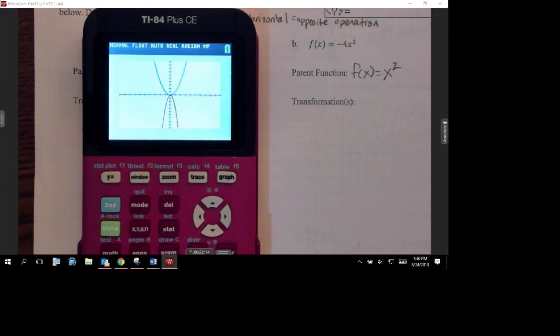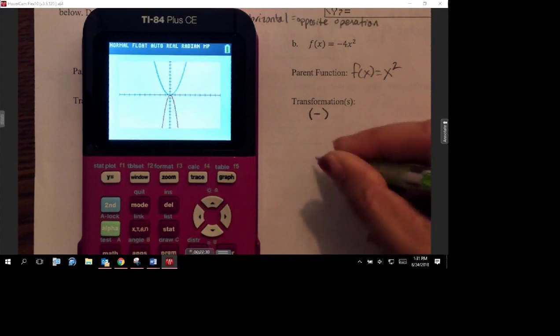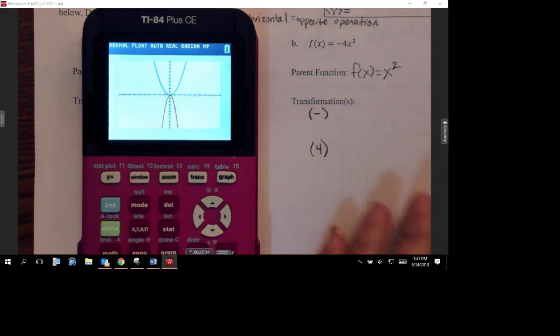And we're going to write about the transformations. How many transformations are there from x squared to get to negative 4x squared? Two. One of them is the negative sign, and then the other one is the 4. So there are transformations for both of those pieces.